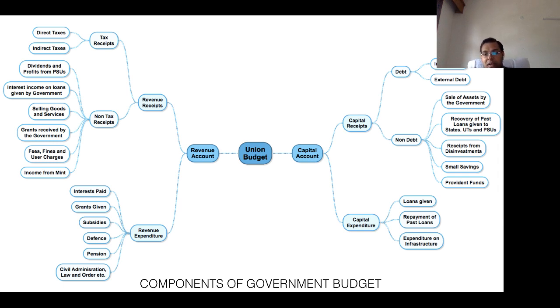So capital expenditures are always very high, always on a higher side as compared to capital receipts. So there is always a deficit in the capital account. And trust me on that, the capital account should always have deficits in a developing economy.